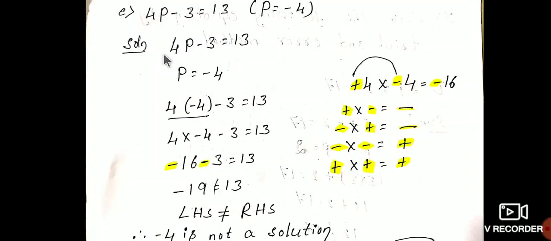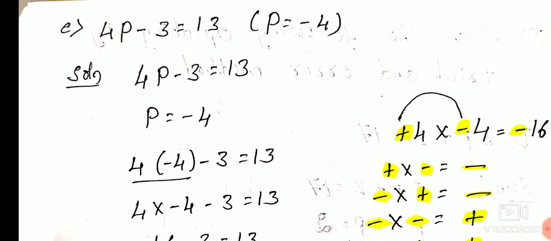So the given will be somewhat different, dear students. That is 4p minus 3 is equal to 13, and p is equal to minus 4. So here they have given the variable value. Here the variable is p.